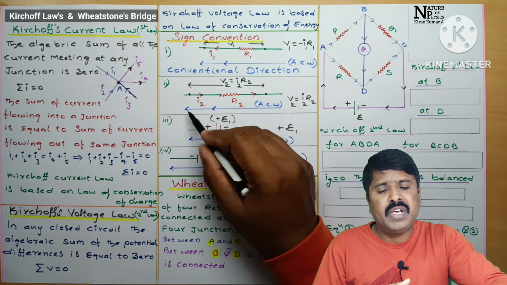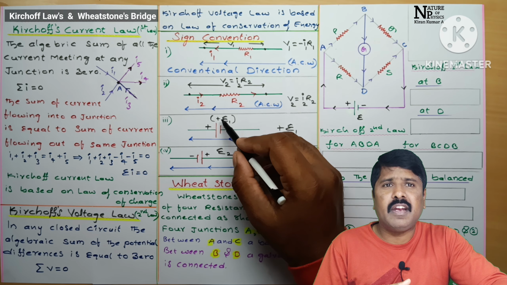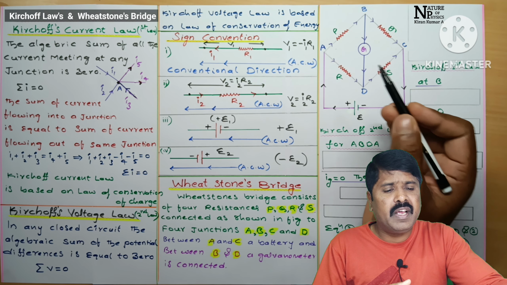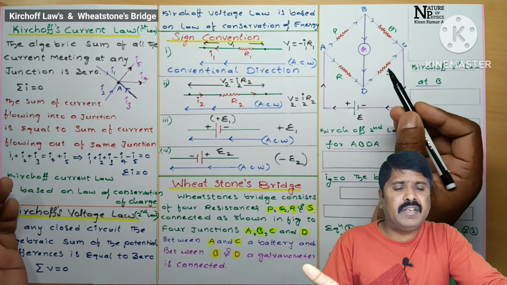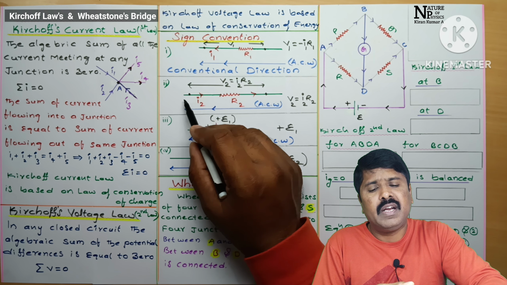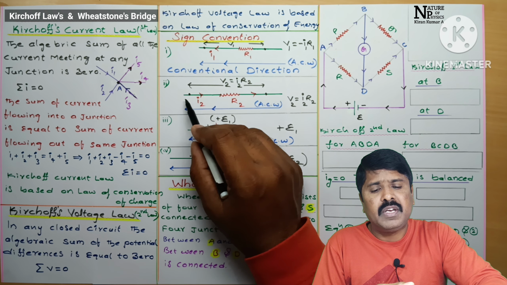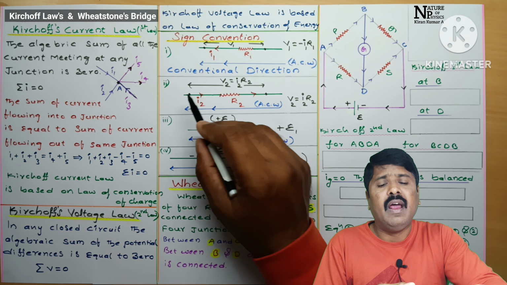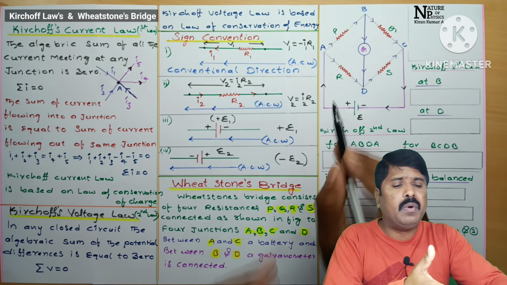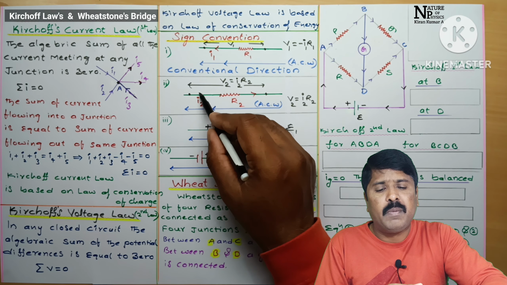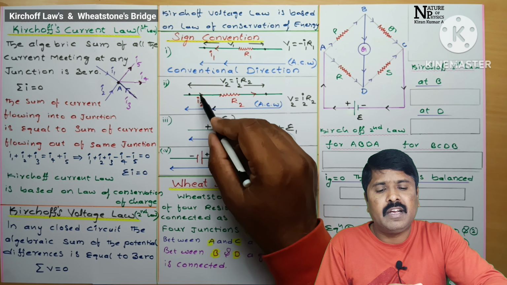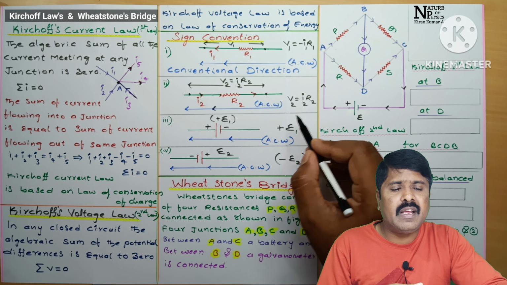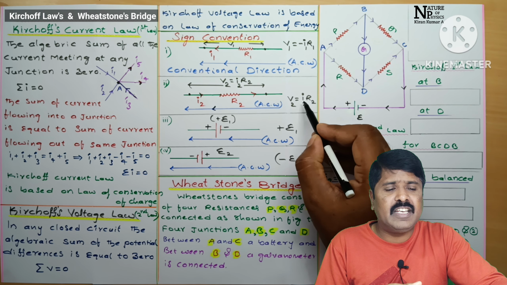Here the current direction and the conventional direction are both in opposite directions. The conventional direction is from right side to left side, okay, but the current direction is opposite to it. Here the current is from left side to right side. See, the arrow mark is clearly represented. Current and convention are both opposite in direction, so that current is taken as positive.